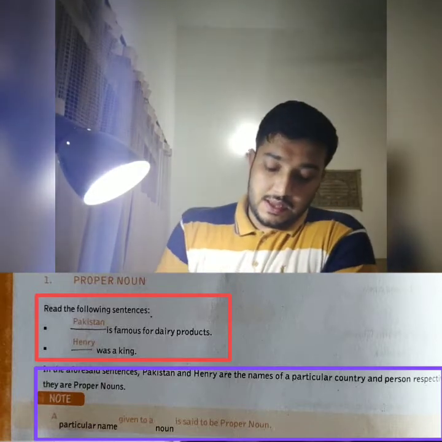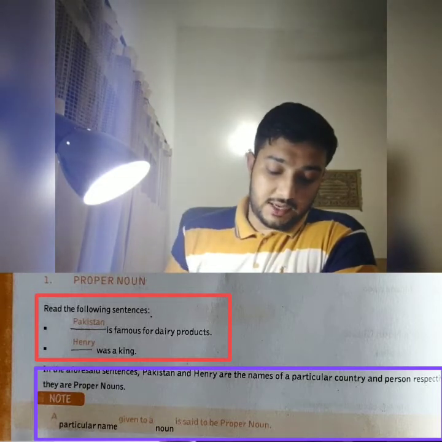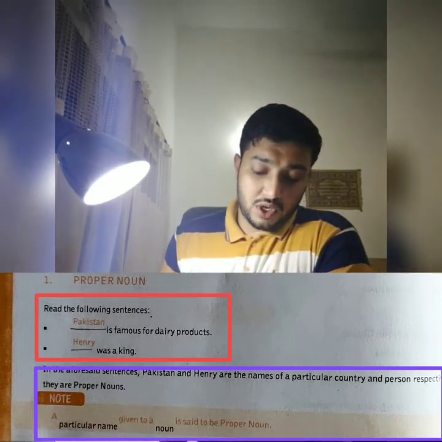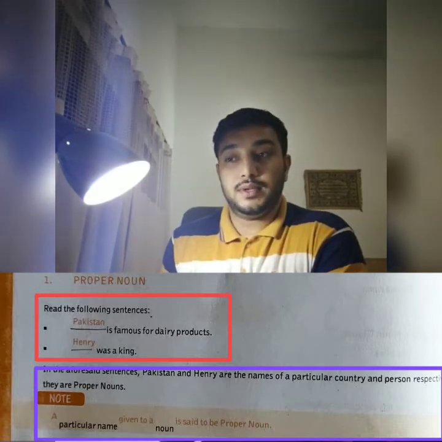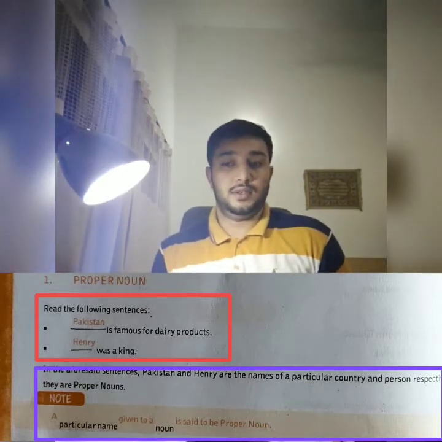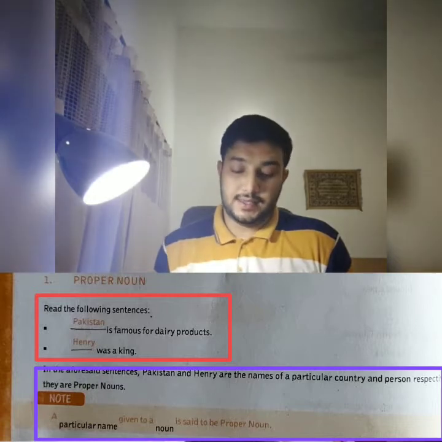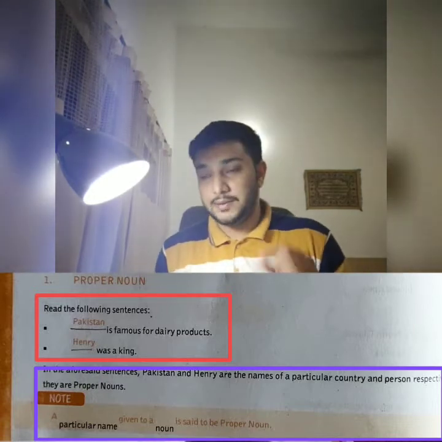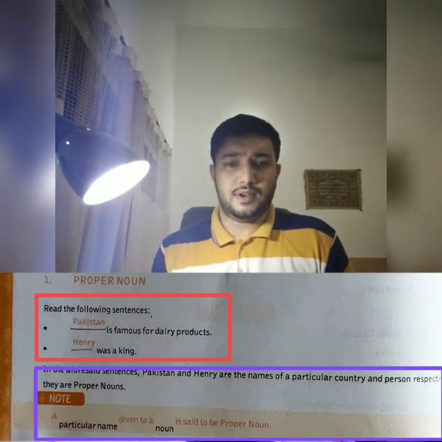So if we see the definition note, it is written: a particular name given to a noun is said to be proper noun. When a particular name is given to a thing or person or place, then it is known as a proper noun. Then comes the common nouns. You have many other examples also.